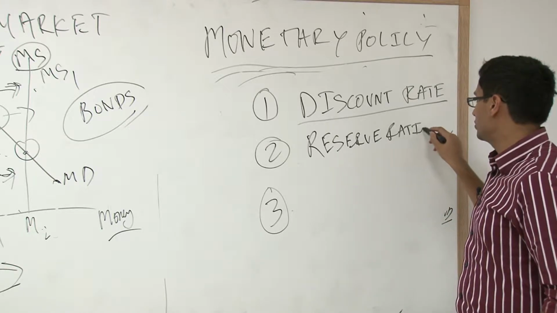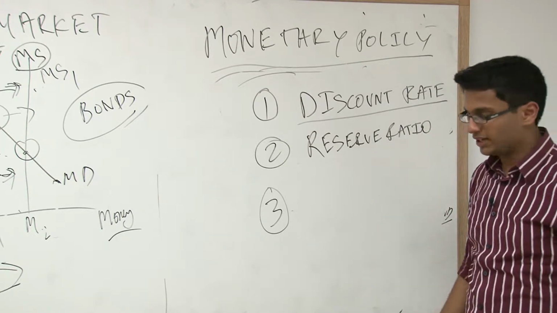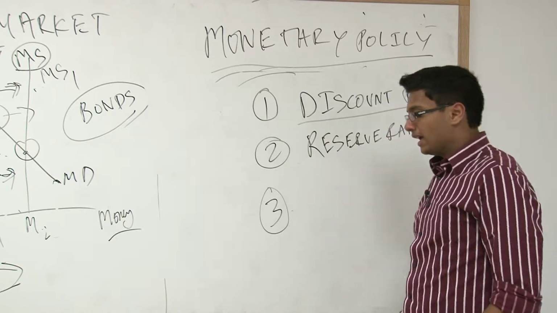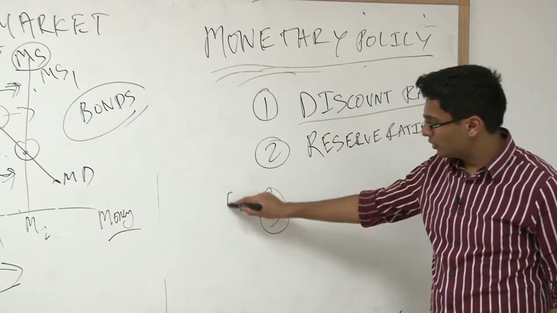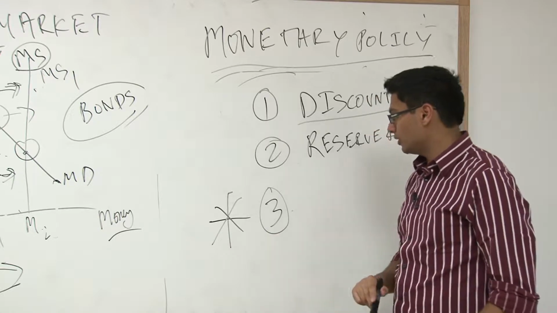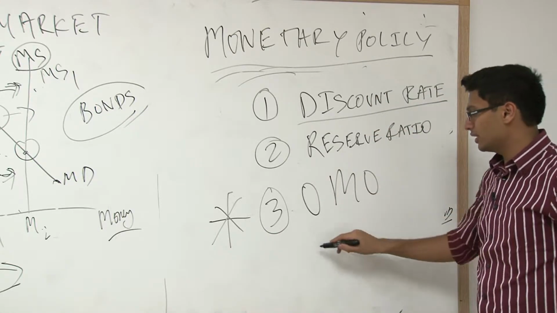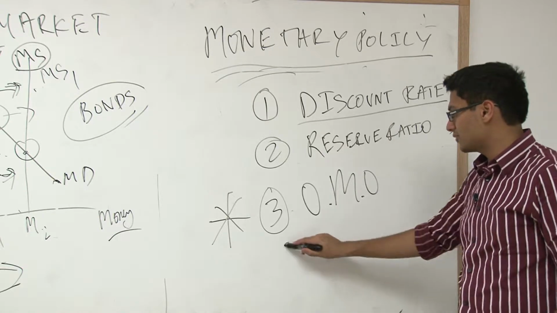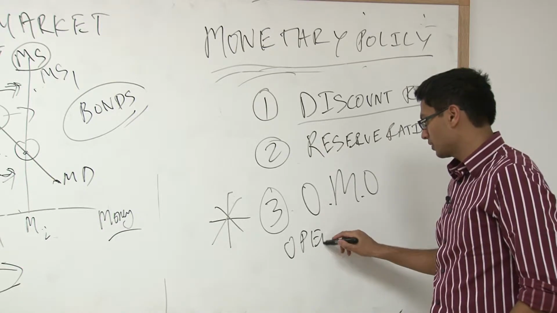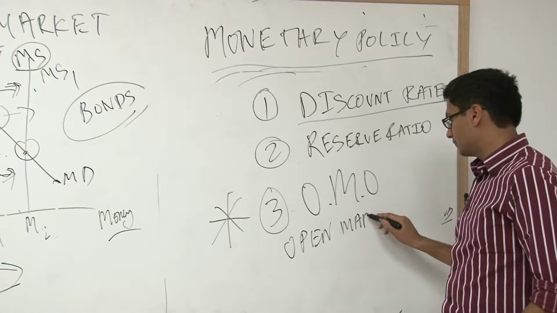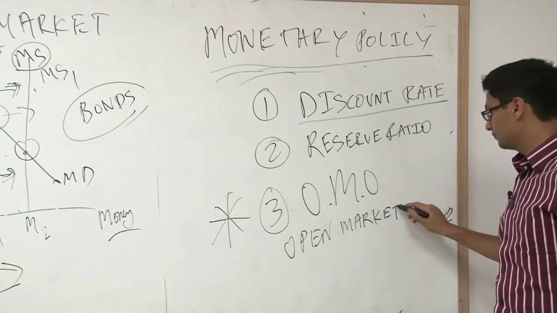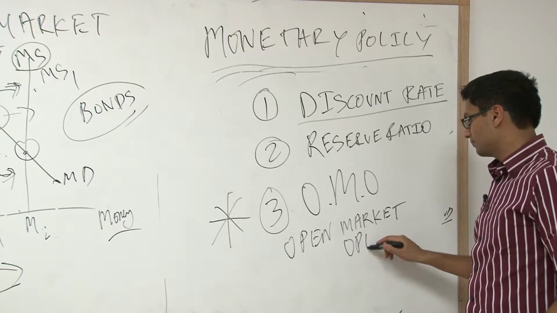And don't worry if you don't understand any of these, because I will explain each one of these a little later. And lastly, and most importantly, I'll put a star next to this one, is something called open market operations. Okay, this OMO stands for open market operations.